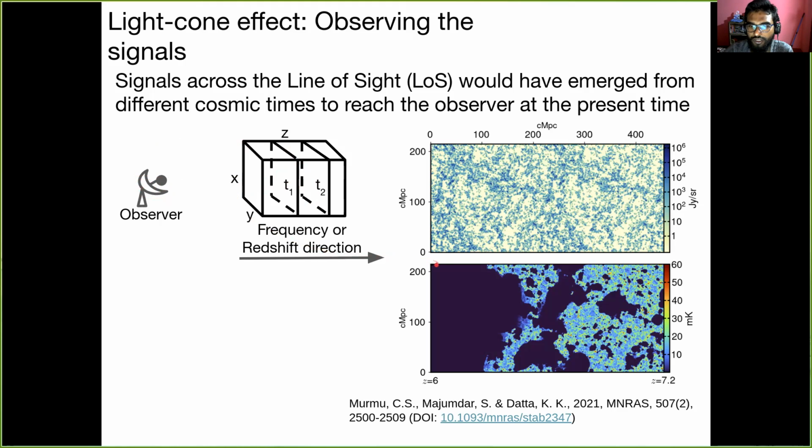So we observe a universe continuously evolving across cosmic time. This phenomenon, known as the Lightcone effect, can significantly impact statistics such as the power spectrum or cross-power spectrum that we are interested in, and this is what we study in our work.